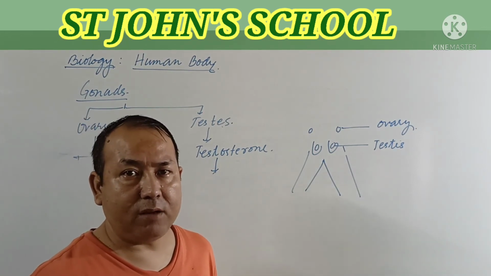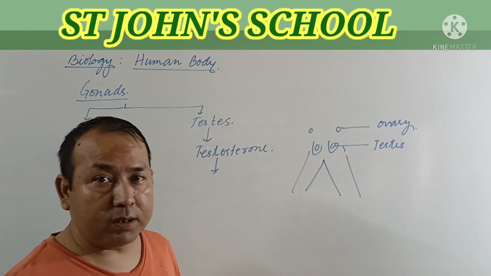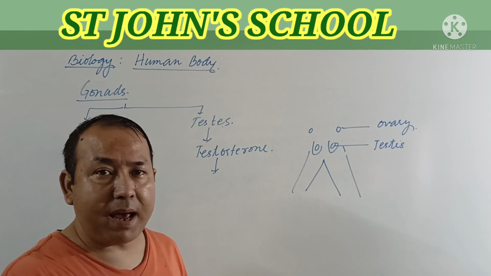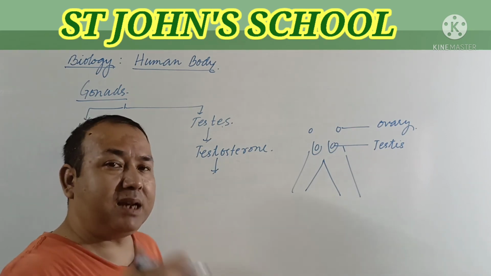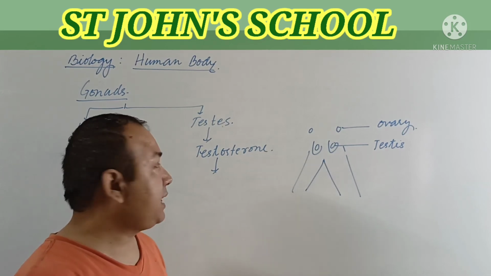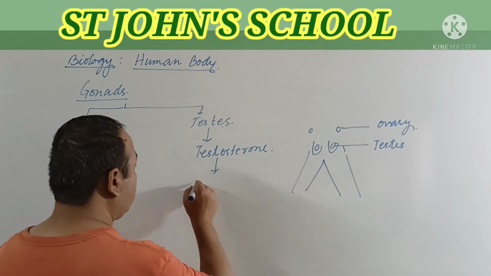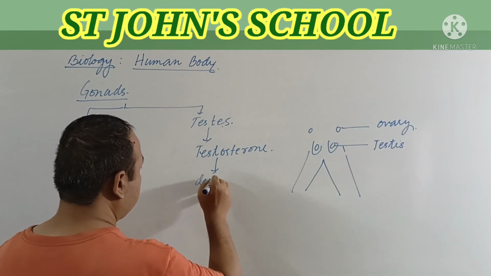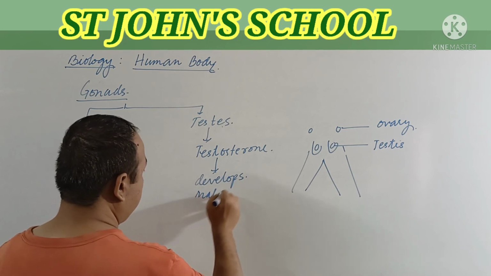The muscles of the male are usually stronger, and that is because of this testosterone hormone. The development of beard in the male is also mainly because of testosterone. So when the male reaches puberty, that time this testosterone hormone is released.